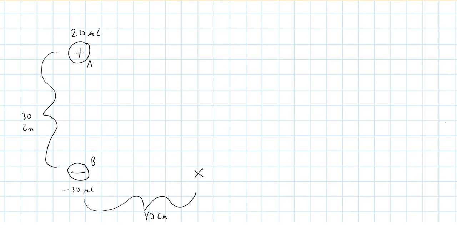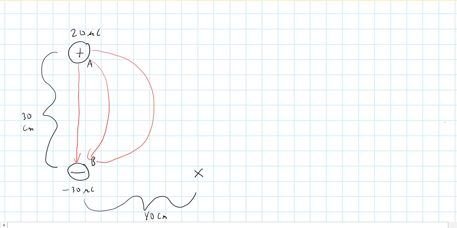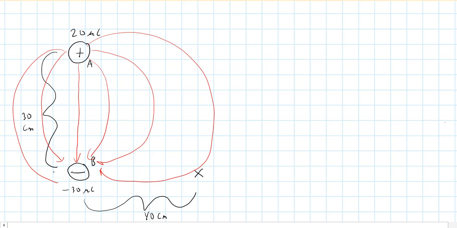If I asked you in the previous discussion to draw the electric field created by A and B, we talked about the rules for electric field lines. For instance, field lines start on positive charges and go to negative charges. So the field would look something like this, and it would be symmetrical in this case. Up there you'd have a little bit of that, and down here you'd have a little bit of that.